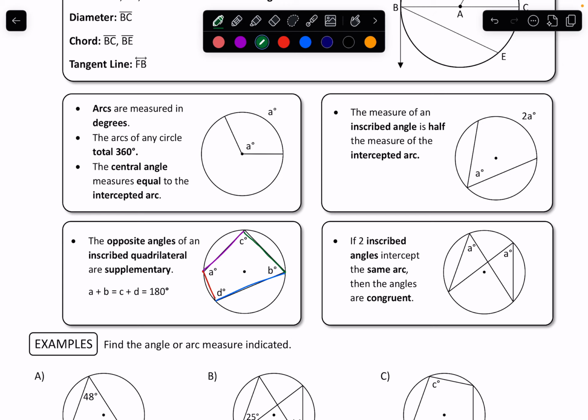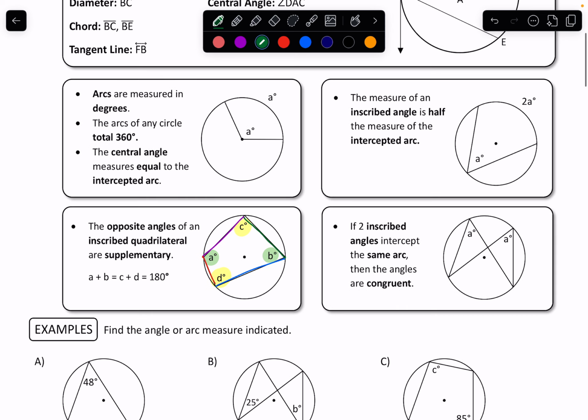Now, what's cool about opposite angles, when I say opposite angles, I mean angle C and angle D. If I add those together, they equal 180 degrees. Same thing if I add A and B together. Those opposite angles are going to add up to be 180 degrees. So powerful tool there. And we already talked about this next one.